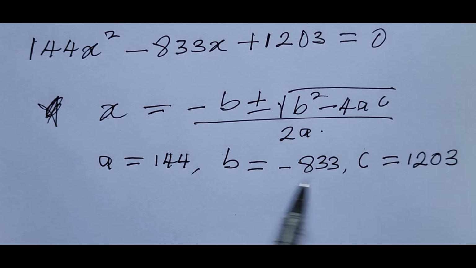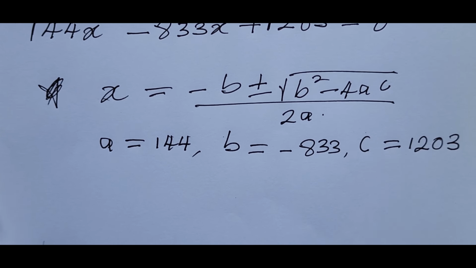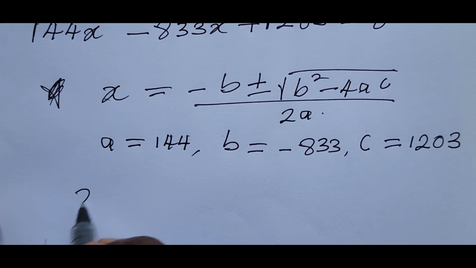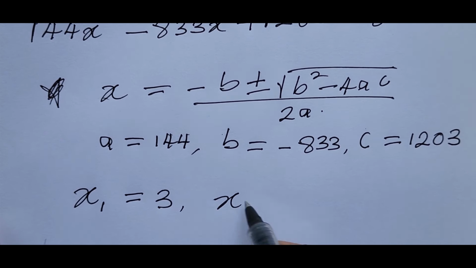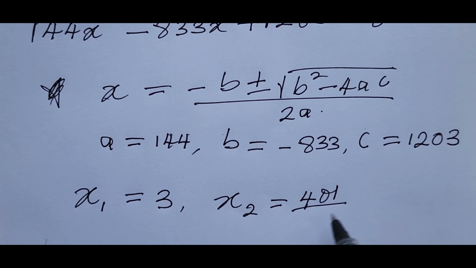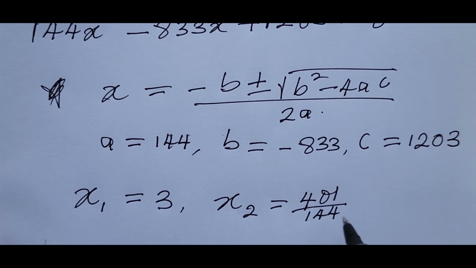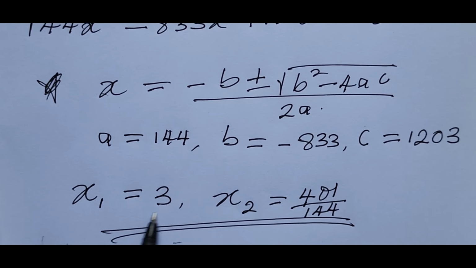If you plug all these values into this equation and simplify it down, you're going to have x1 equal to 3, and x2 equal to 401 over 144. I've done that already, but to save time, these are the values you're going to have from the quadratic equation.